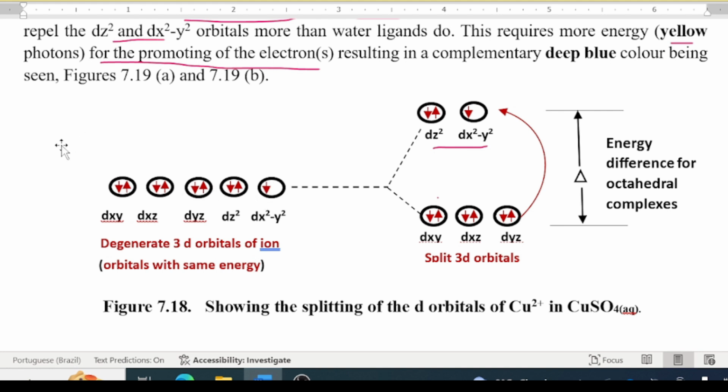So if I have some anhydrous copper-2 sulfate, if you take hydrated copper-2 sulfate and you heat it gently, it'll turn from blue to white because you're pushing off the water molecules there. In that state, these orbitals here are said to be degenerate.